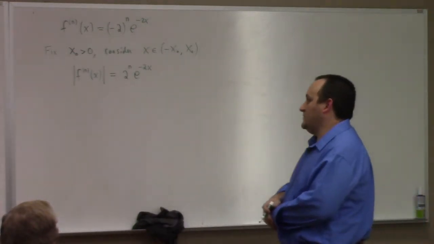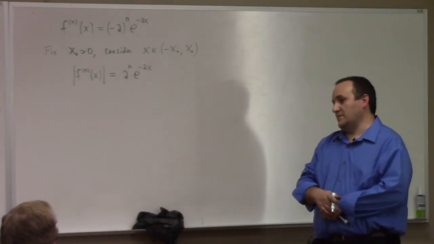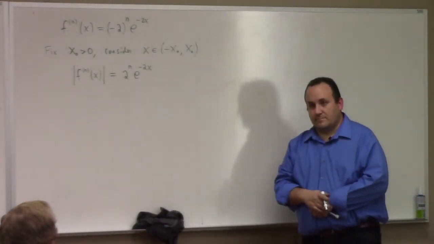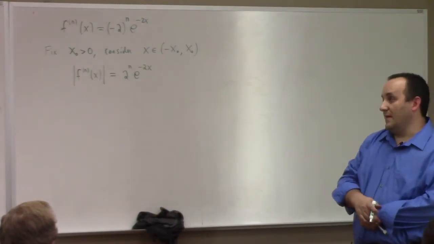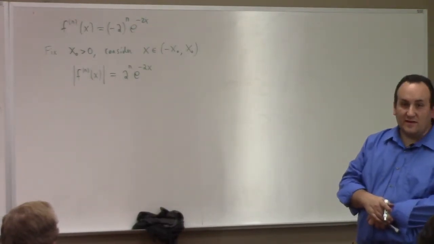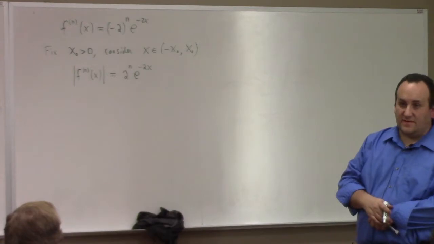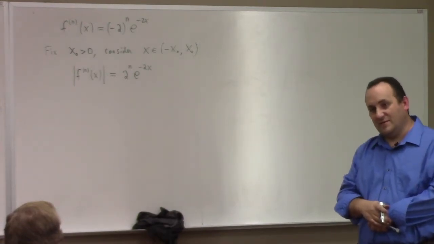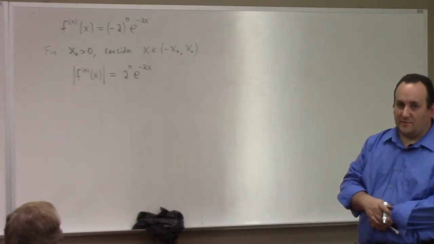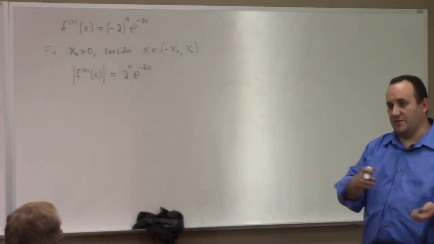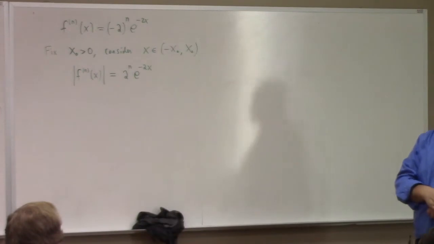So e to the minus 2x is decreasing, but the derivative, minus 2 e to the minus 2x, is increasing. The second derivative, 4 e to the minus 2x, is decreasing. The third derivative increasing, the fourth derivative decreasing, and back and forth and back and forth. They're either increasing or decreasing everywhere.